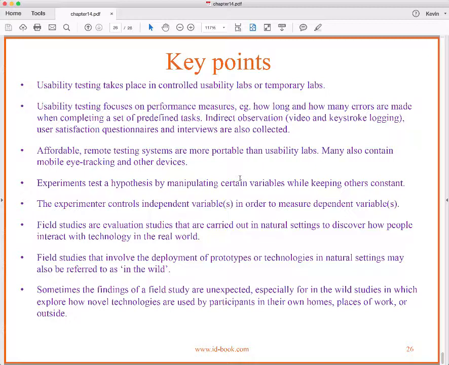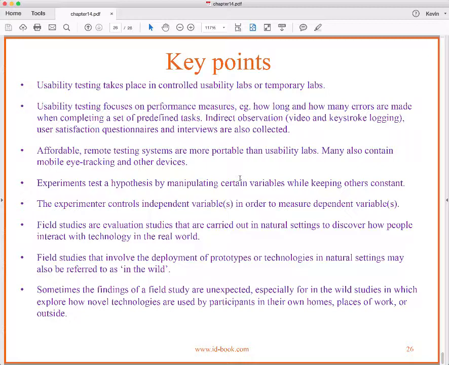Okay, and here are some key points from the chapter. Usability testing really does have a testing kind of focus. So it's going to go on in some kind of a lab. It's either going to go on in a controlled usability lab or perhaps a temporary lab using some of that traveling lab equipment.